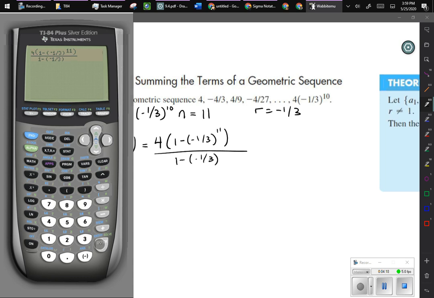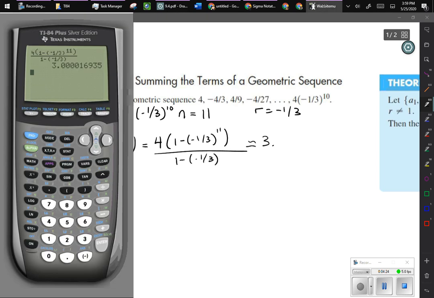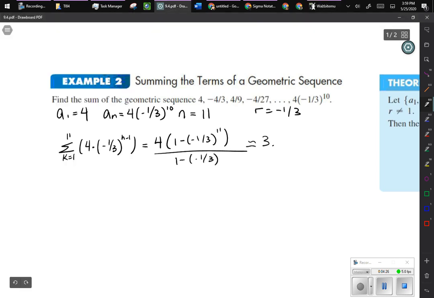I believe that's it. And we get approximately 3.4017. And that's the sum of this finite geometric sequence.